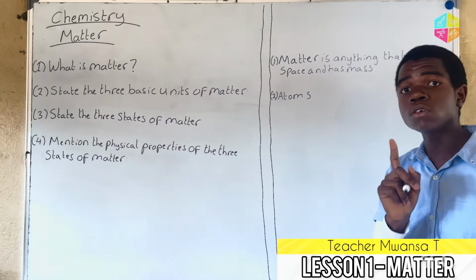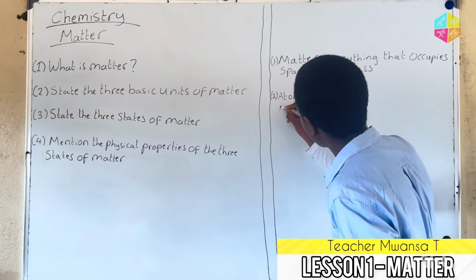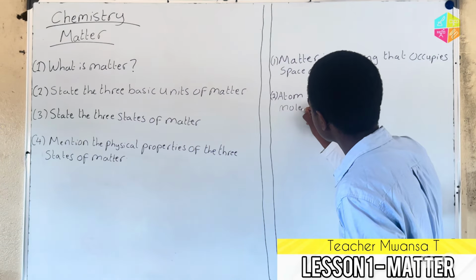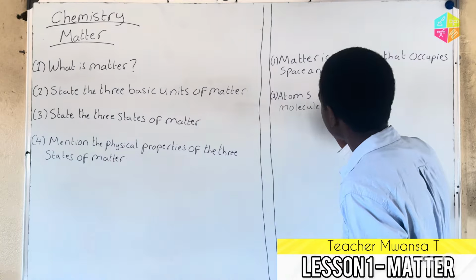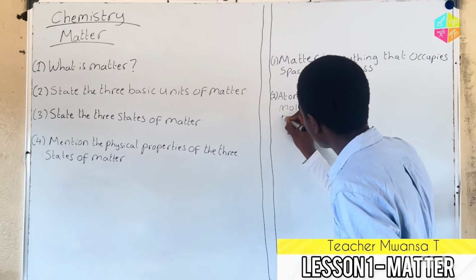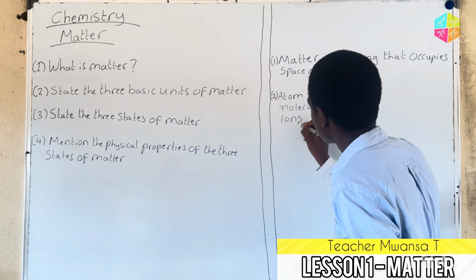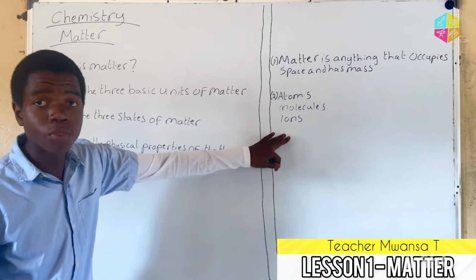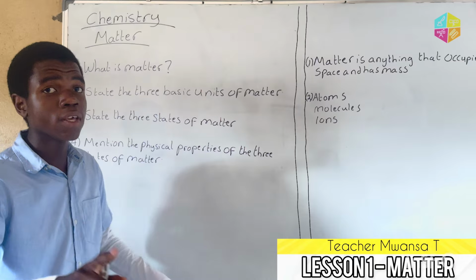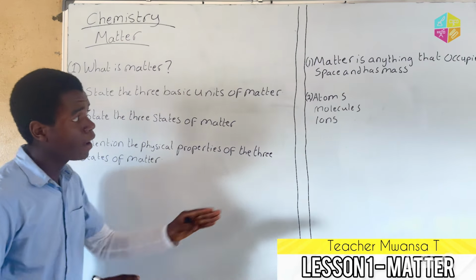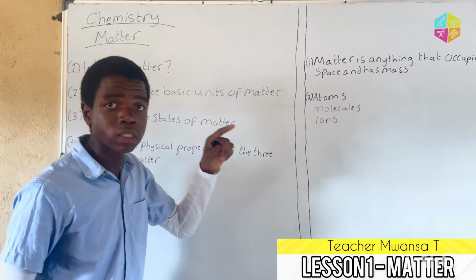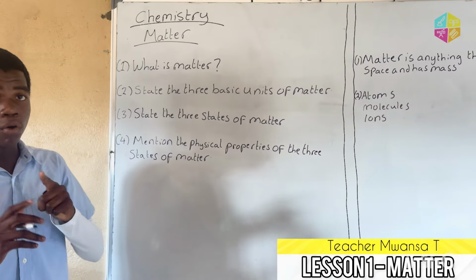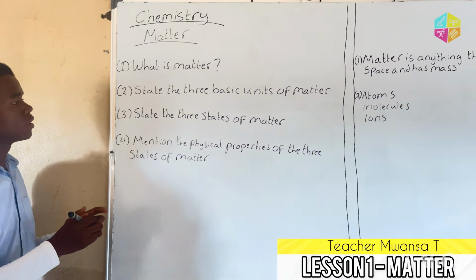The second basic unit of matter is molecules. And the third is ions. Okay, so these are the 3 basic units of matter. Take note, they are not states, they are basic units, the smallest particles that make up matter. Alright? Let's go to the next question.